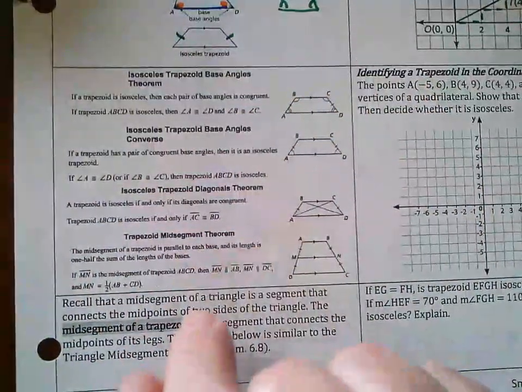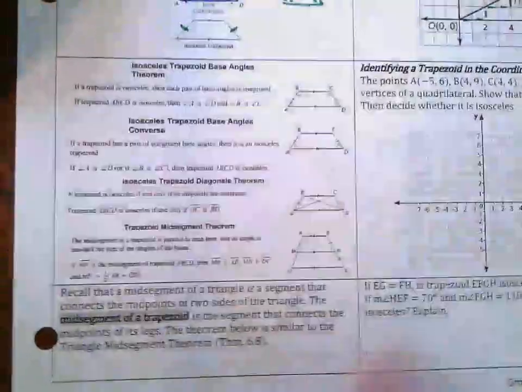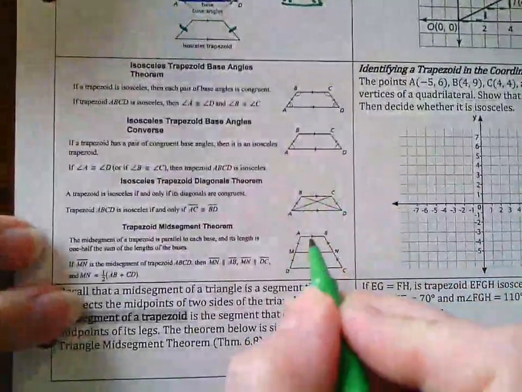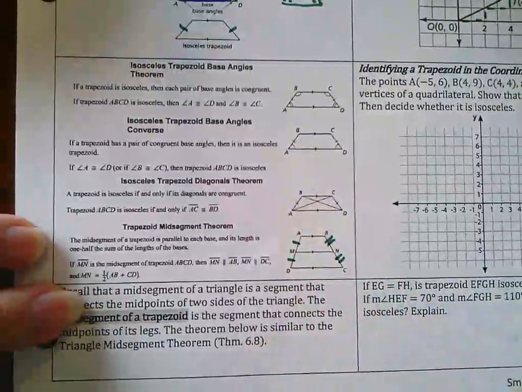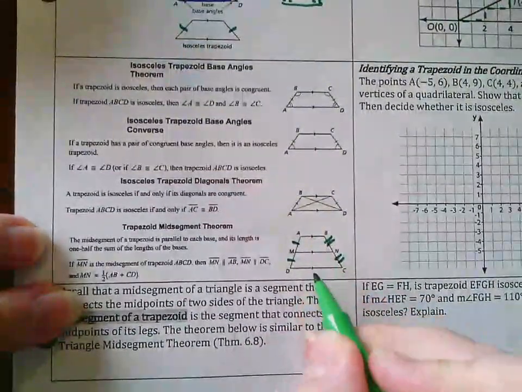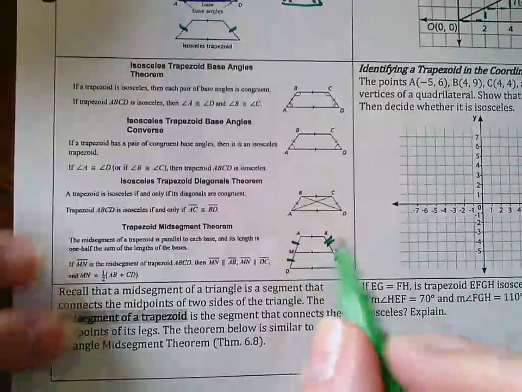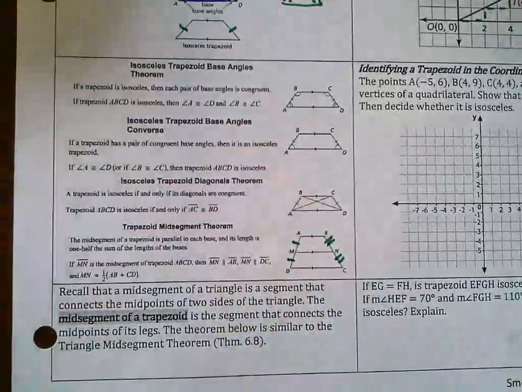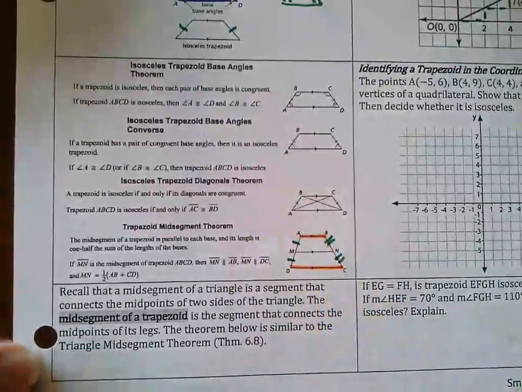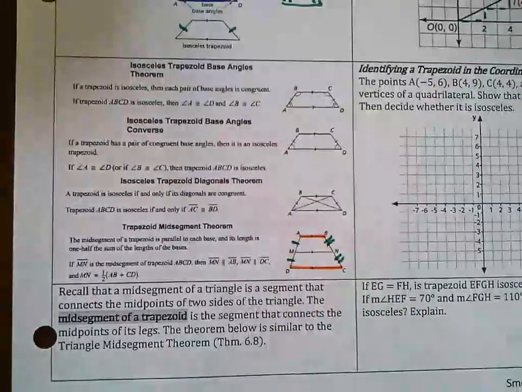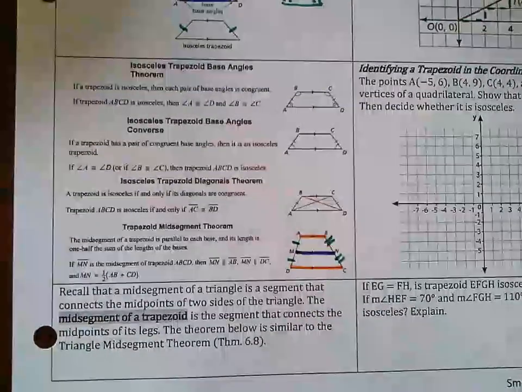Trapezoid mid-segment theorem, this is actually kind of a hoot, because what it does is it splits this up into equal parts, and the mid-segment is parallel to the bases, but it's also half the length of the two added together. So if I took the bases right here and here, and I add them together and divide by 2, that equals the mid-segment.